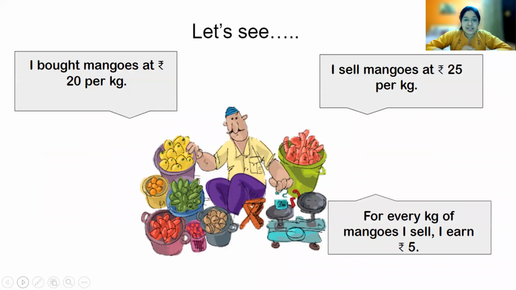Okay, so here is the vendor. As you can see, he's sitting surrounded by vegetables, and he has a weighing machine and things like that. And he says, I bought mangoes at rupees 20 per kg and I sell them at 25 rupees per kg. For every kg I sell, I earn rupees 5.